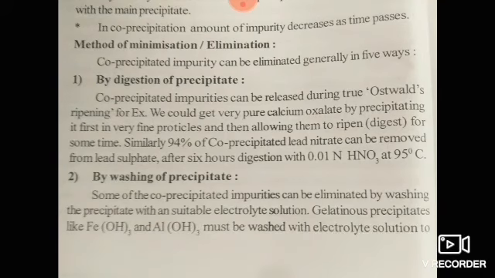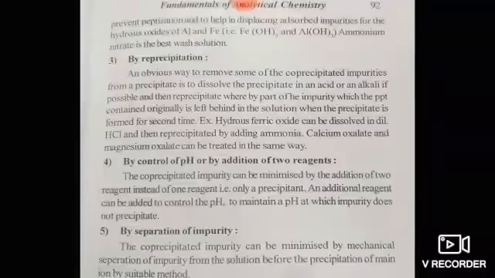What are the methods for the minimization of co-precipitation? There are 5 methods. The first method is digestion of the precipitate. By washing of the precipitate we can remove the impurities. By reprecipitation we can remove the co-precipitated impurities.